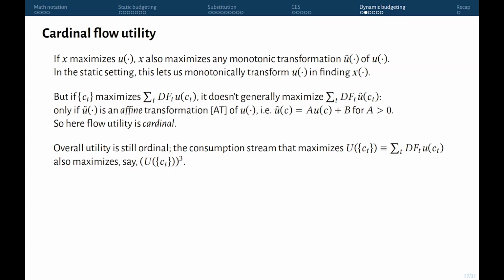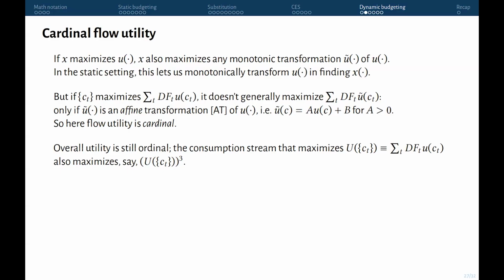But you've got to be transforming the whole stream, not just the flow utility period by period. Does that make sense? Do we get that or not?